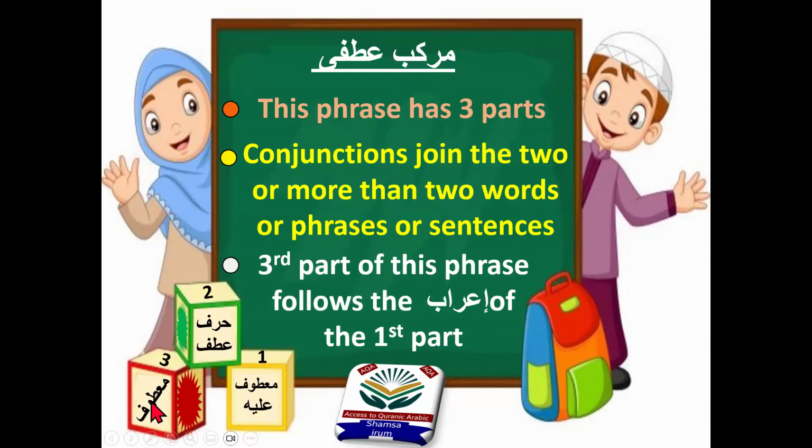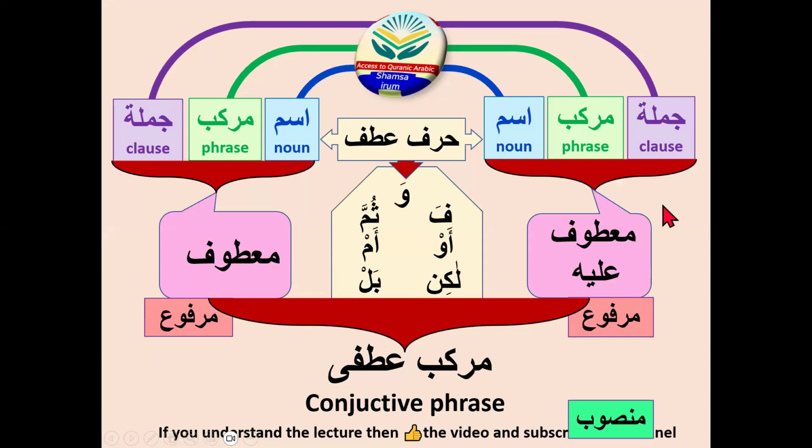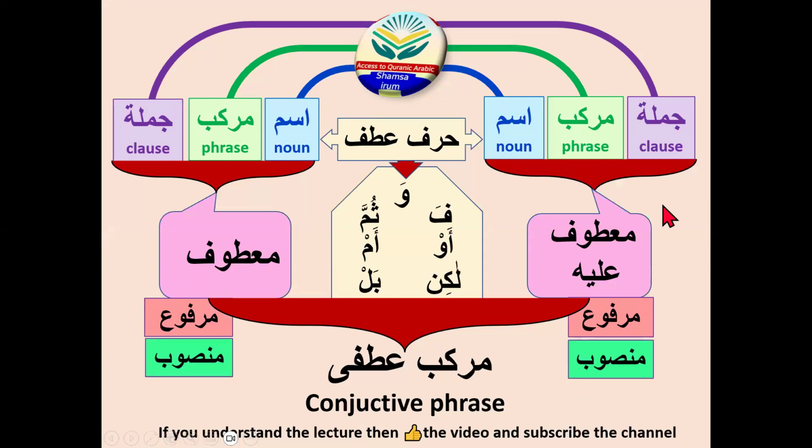Okay, it means whatever the i'rab of the matufun alay is, matuf will have the same i'rab. So both i'rab will be the same. I will explain it in this slide again. If matufun alay is marfu, matuf will also be marfu. If matufun alay is mansub, matuf will also be mansub. If matufun alay is majroor, matuf will also be majroor.